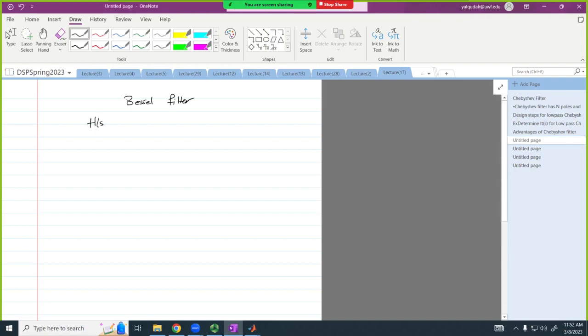And this filter, H(s), is given by 1 over B_n(s), where B_n(s) is equal to the Bessel function, which is equal to the summation from k equals 0 to n of a_k multiplied by s to the power of k, and a_k is equal to (2n minus k) factorial divided by 2 to the power of (n minus k) multiplied by k factorial times (n minus k) factorial.